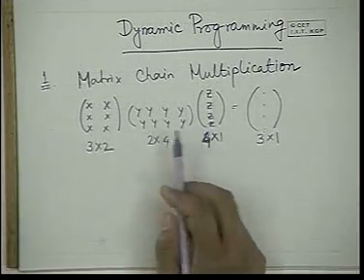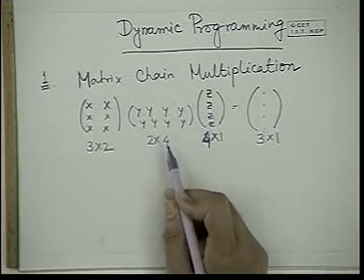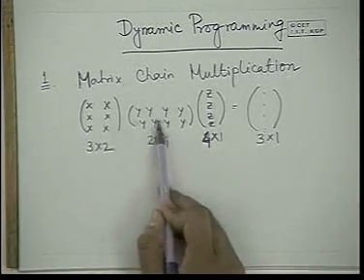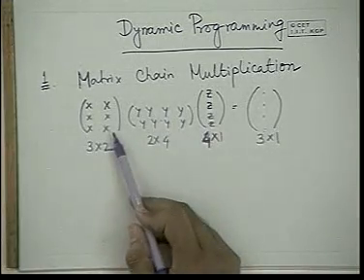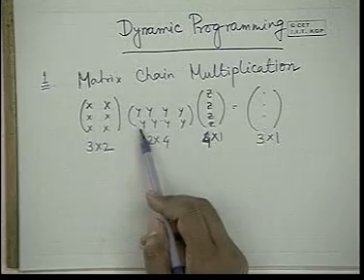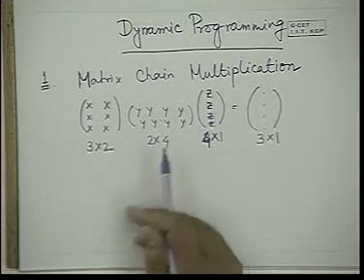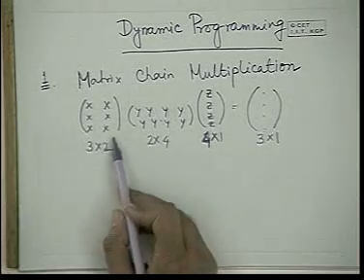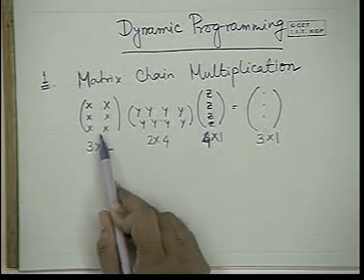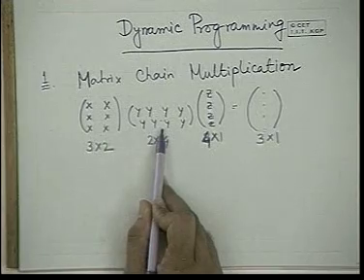Now, since matrix multiplication is associative, you can multiply these two first or these two first, then the other one. The value will remain the same. So the problem is, let us see. Before I tell you the problem, let us see what happens if I multiply these two first.